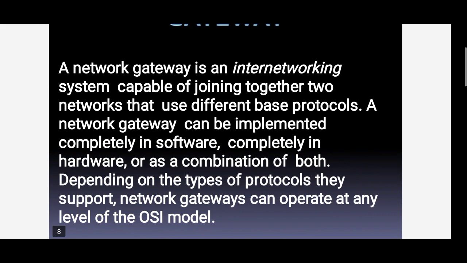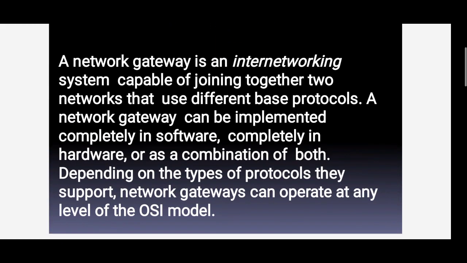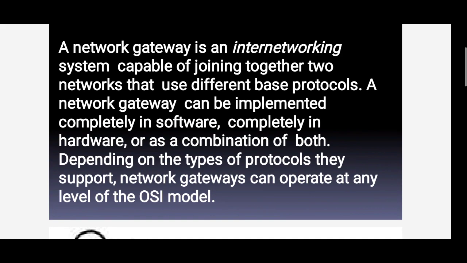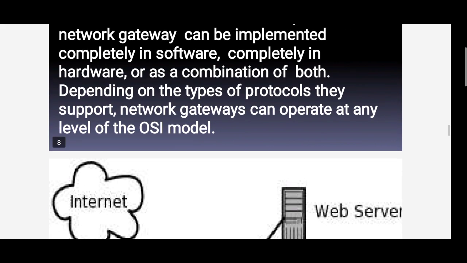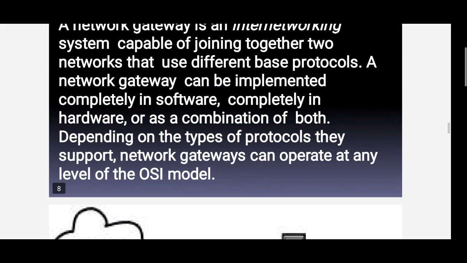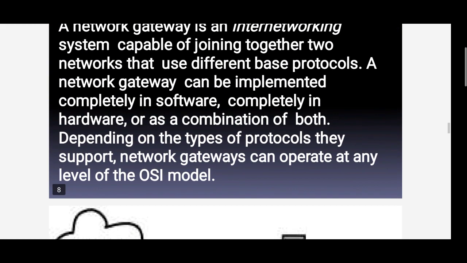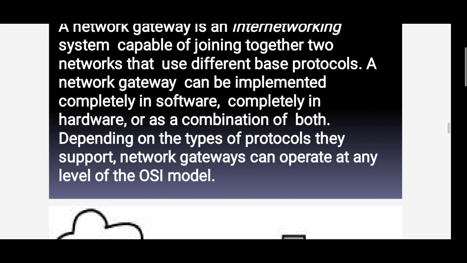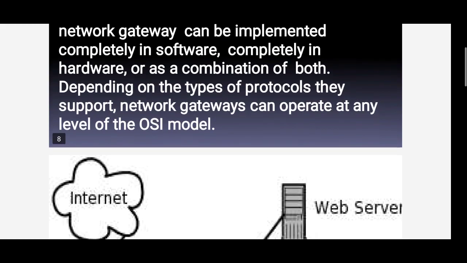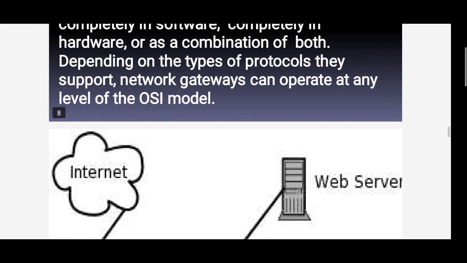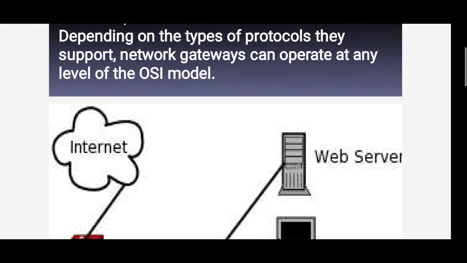Gateway. A network gateway is an internetworking system capable of joining together two networks that use different base protocols. A network gateway can be implemented completely in software, completely in hardware, or as a combination of both software and hardware.